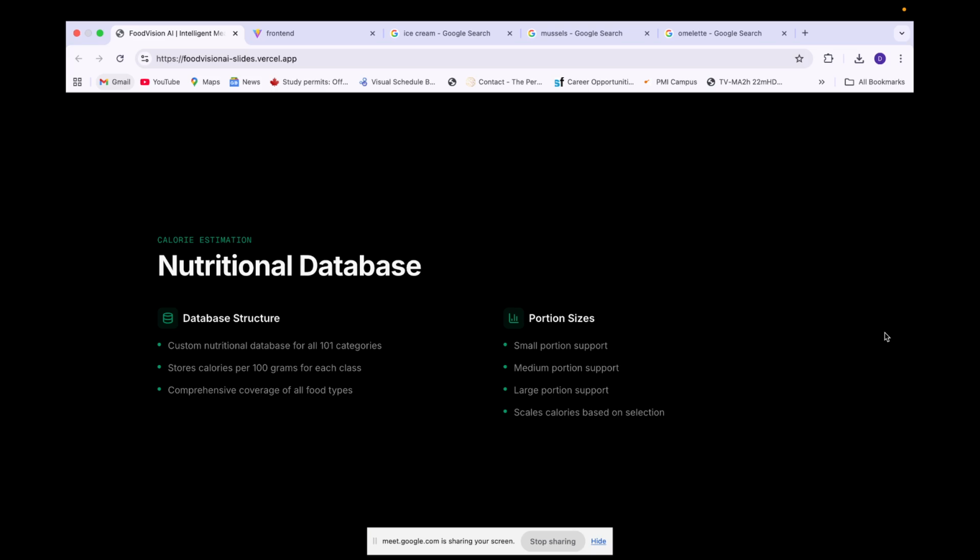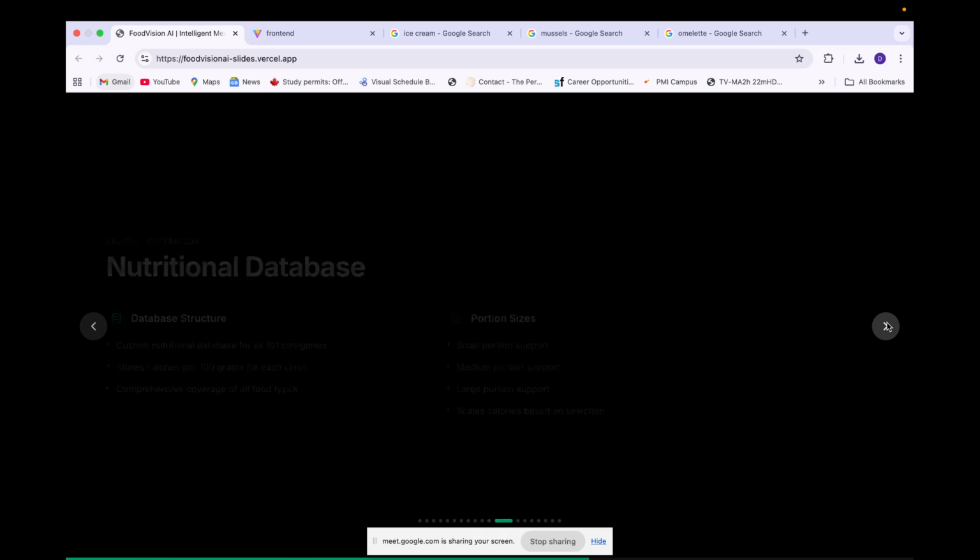For the calorie estimation pipeline, we take the predicted food class from the model, look up the calories per 100 grams in the database, assign gram amounts to small, medium, and large portions, and then multiply to get you an estimated calorie count on the front end.